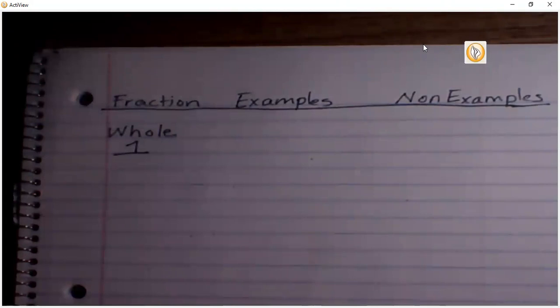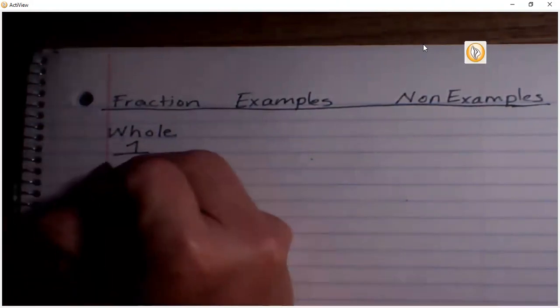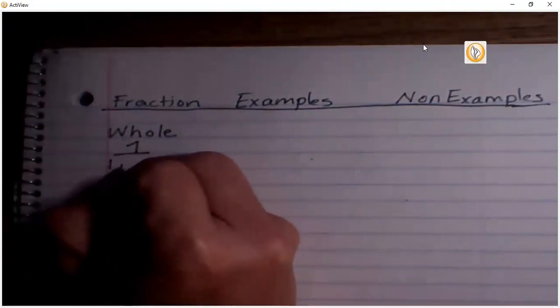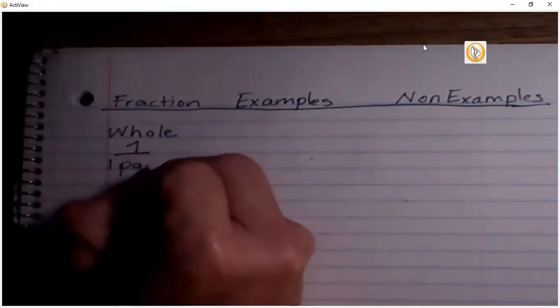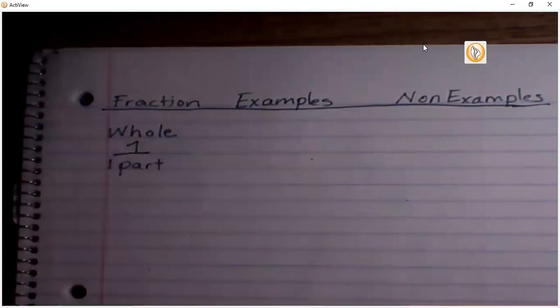What does this fraction mean? Well, it means that you have 1 part. There's only 1 part.